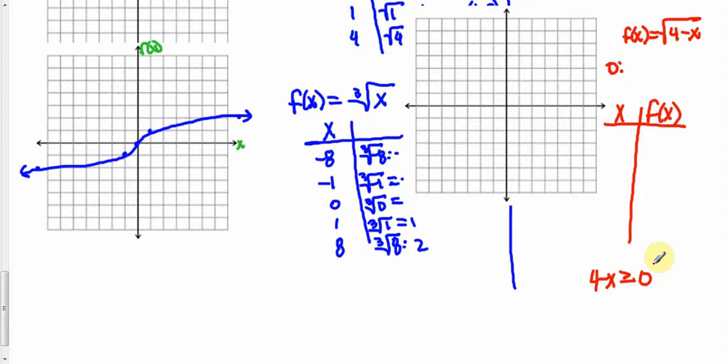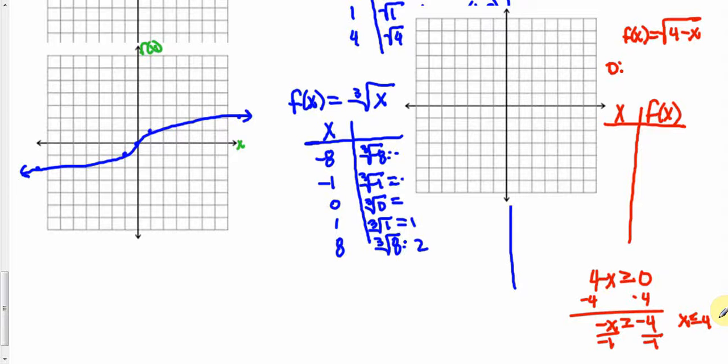I would subtract 4 from both sides of this inequality, and then divide both sides by negative 1. When you divide by the negative 1 coefficient of x, you have to remember to flip the inequality sign around.